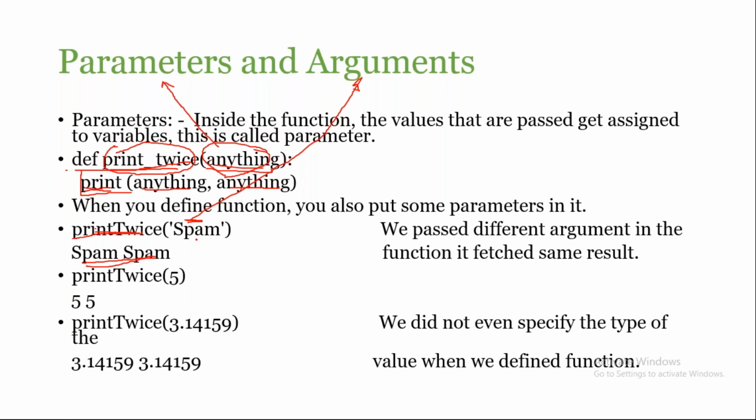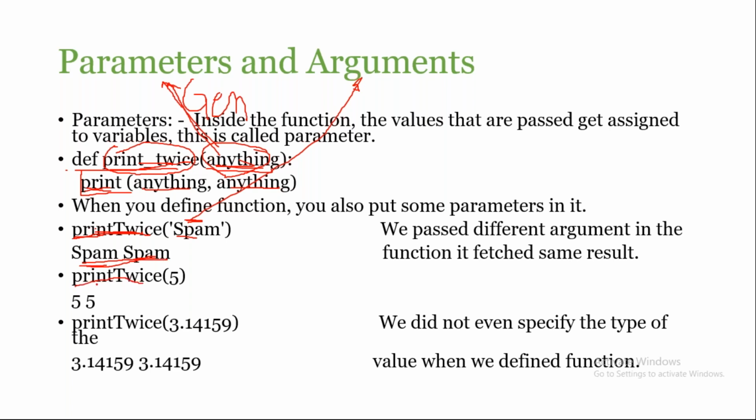Now remember I said that when I'm defining the function, the parameter is a very general thing. To understand this concept of a general thing, I'm taking this example. You see here I'm calling this function and giving it a string, and I'm asking Python to print it twice for me.